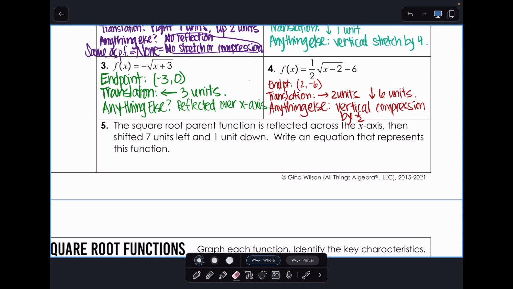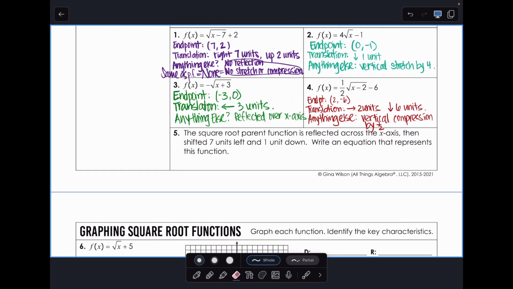The way we get the endpoint is we take the opposite of the h. Okay, if I say this the wrong way, you might get confused. So I'm going to go back to something you should remember: y equals a times quantity x minus h squared plus k. What do we do with that h every time?